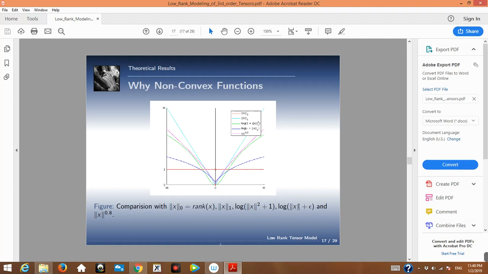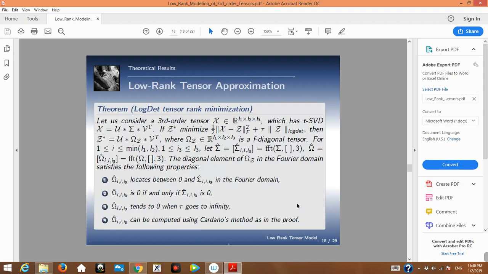If we use such a logarithm, then it shrinks the singular value less, and we can also use x with a power smaller than 1 to shrink the value less. So we can see that when the singular value is very big, the non-convex approximation works better.